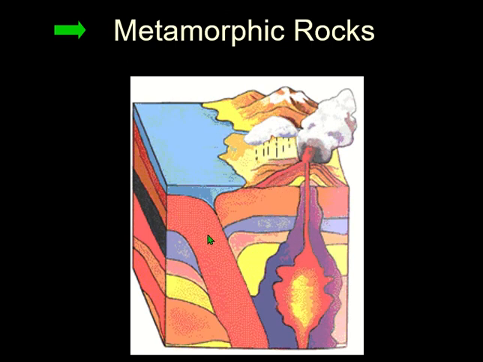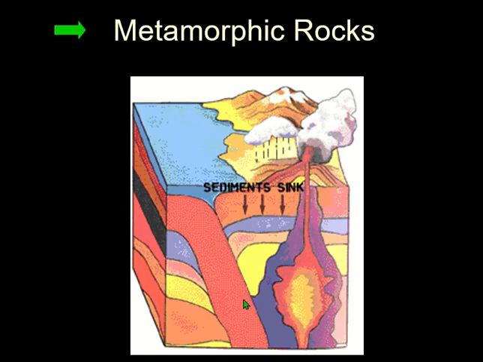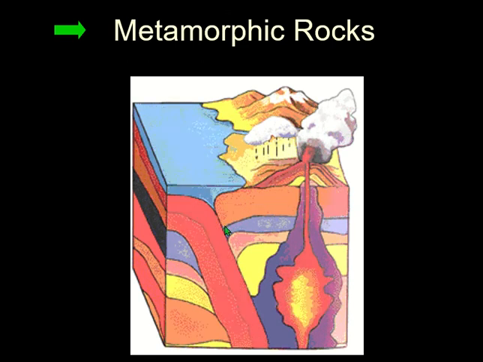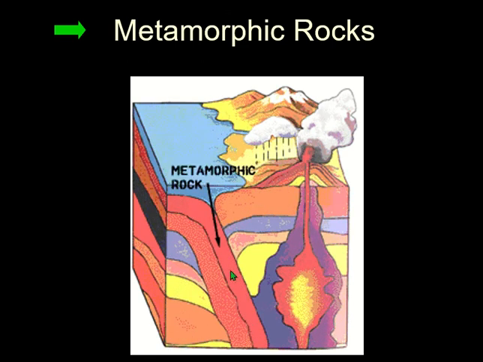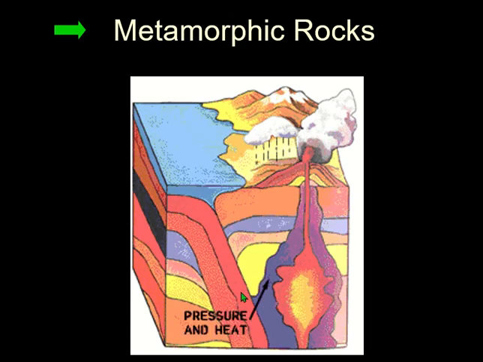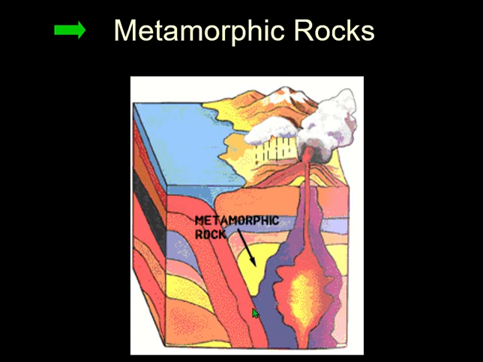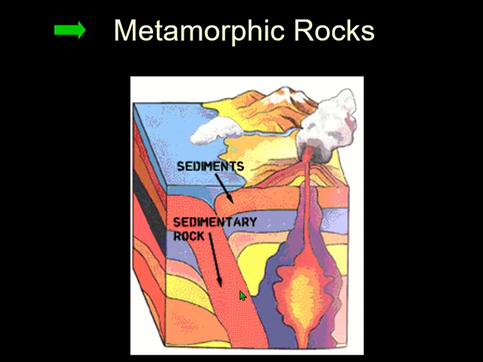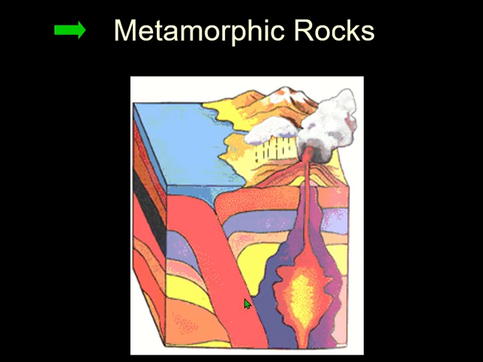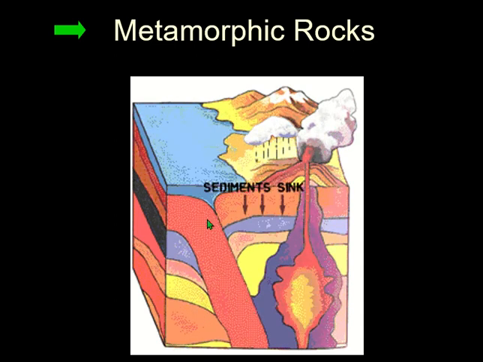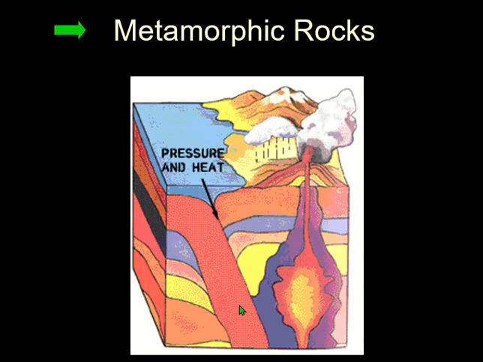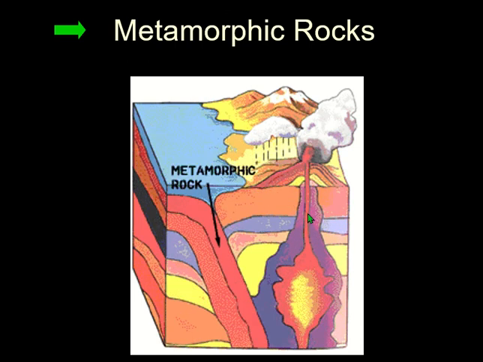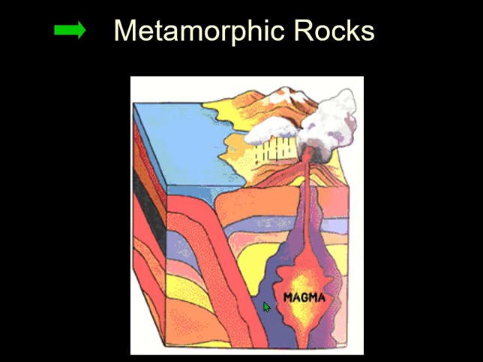And so here we have a hypothetical situation with a subduction zone bringing rocks down closer to the core and being metamorphosed by pressure. The further down you go, the greater the pressure. Also, the further down you go, the greater the heat. But you can also have metamorphism around here.